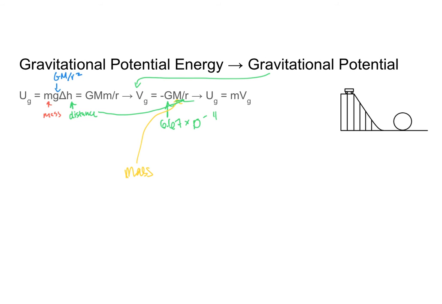And so the only difference between our gravitational potential equation and our gravitational field equation is that instead of dividing by r squared, we're just dividing by r. And given our gravitational potential, we can multiply our potential by the mass of the object we're placing at that point in space, and from there we get our gravitational potential energy, U sub g.